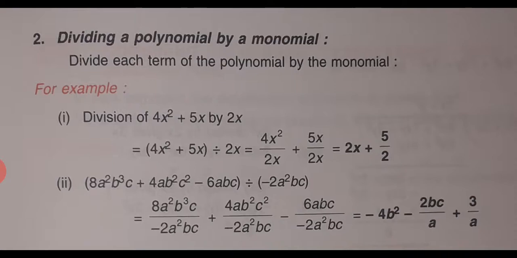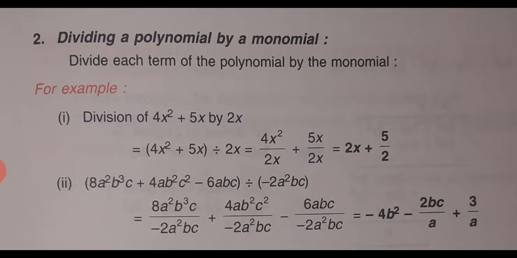That means 4x square divided by 2x plus 5x divided by 2x. Now 4x square by 2x is equal to 2x, and 5x by 2x is equal to 5 by 2 as both the x are cancelled. So the final answer is 2x plus 5 by 2.